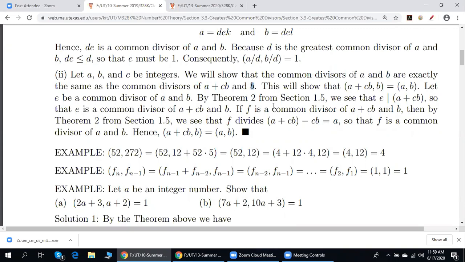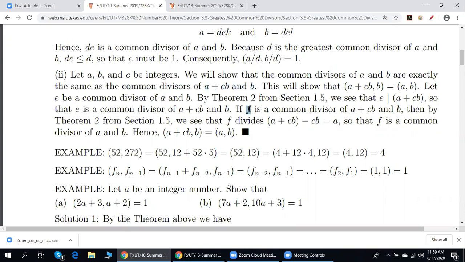And the way we show it is the following. Pick an element from this set. We prove that this is an element from this set, because if E is a common divisor of A and B, E is a common divisor of A plus CB and B. Then we pick an element from this set.